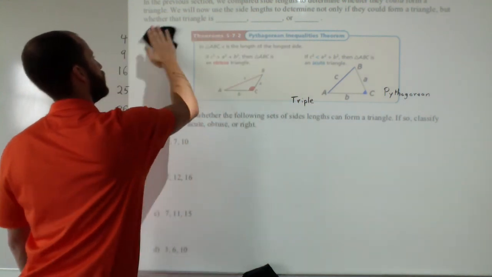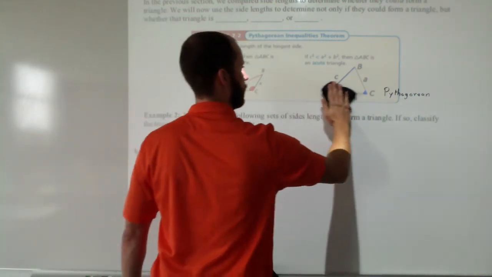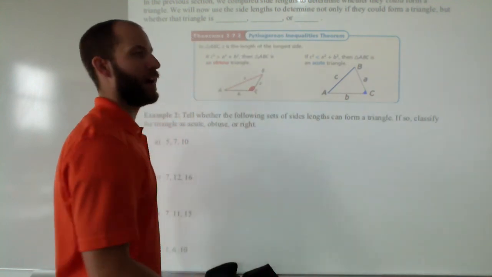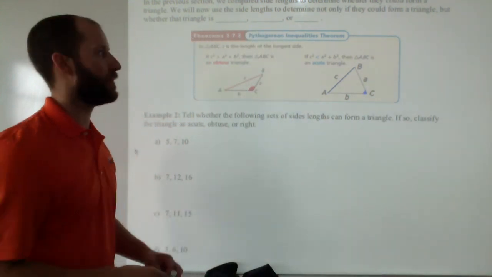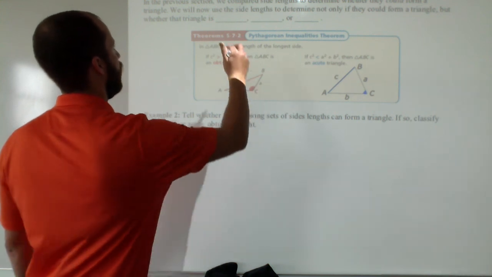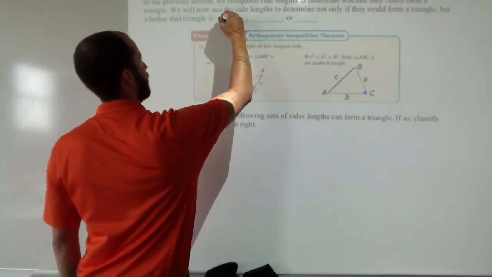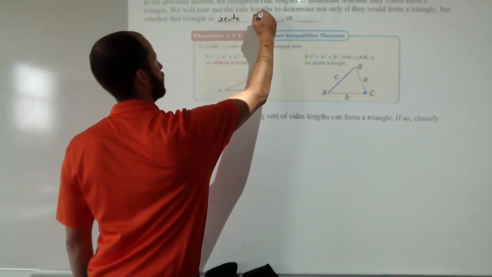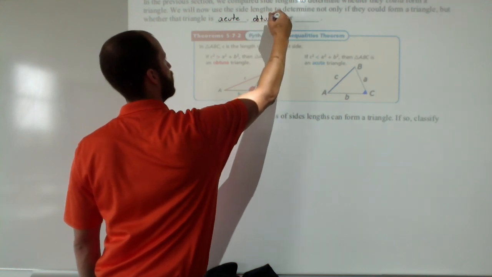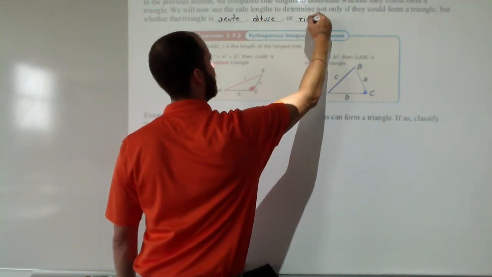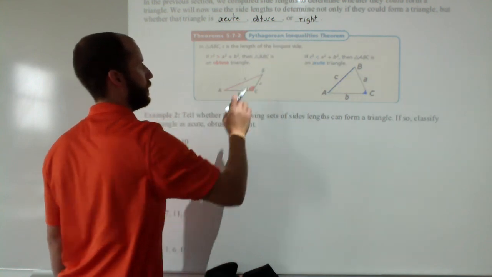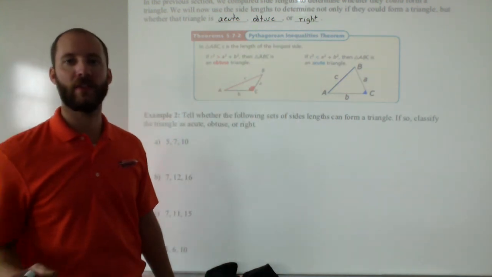So we can use the Pythagorean theorem and the idea about inequalities in triangles to make this determination. We can figure out whether a triangle is acute, obtuse, or right based upon the Pythagorean inequalities theorem.